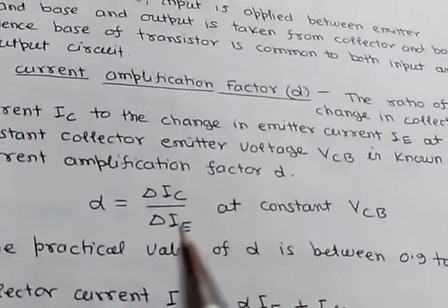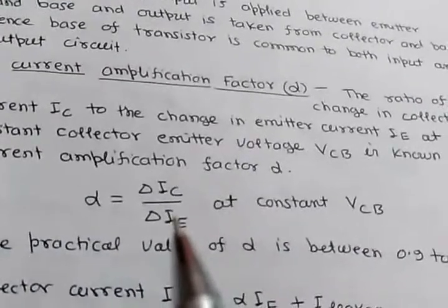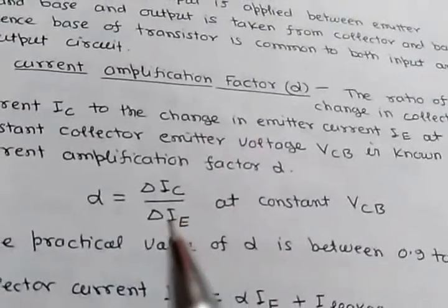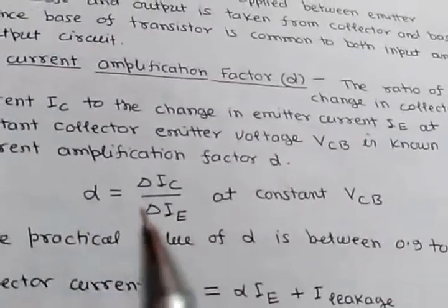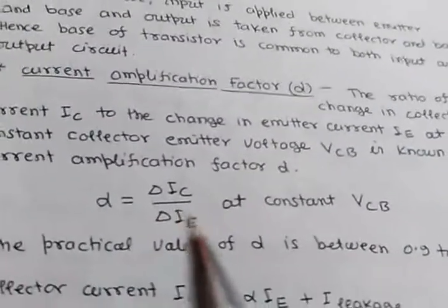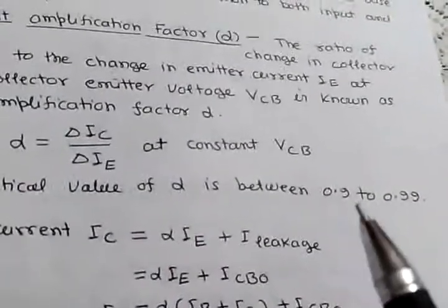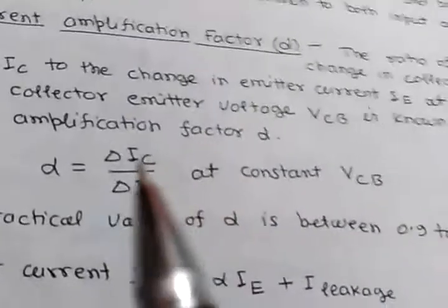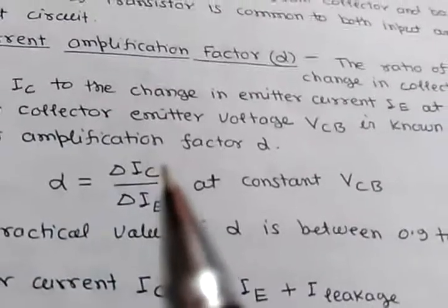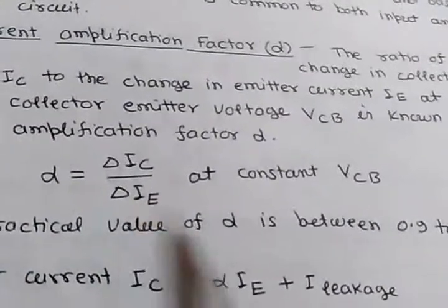Since the base current is very small in comparison to the emitter current, the value of alpha will always be less than 1, and the practical value of alpha is between 0.9 and 0.99, because IC will always be less than IE.